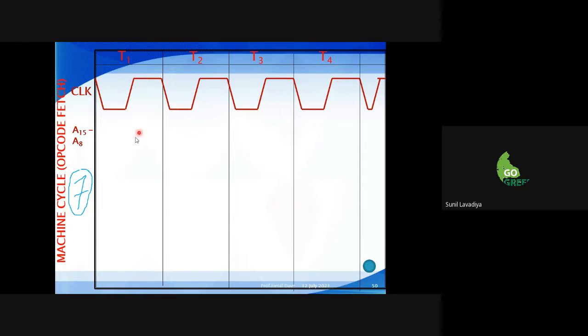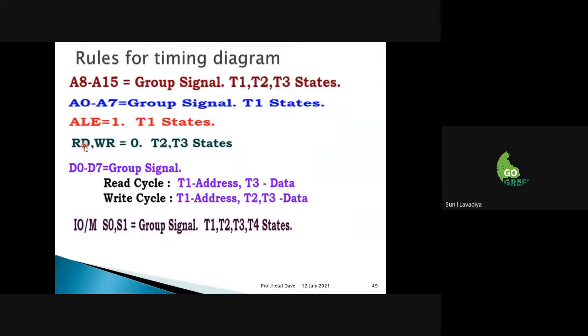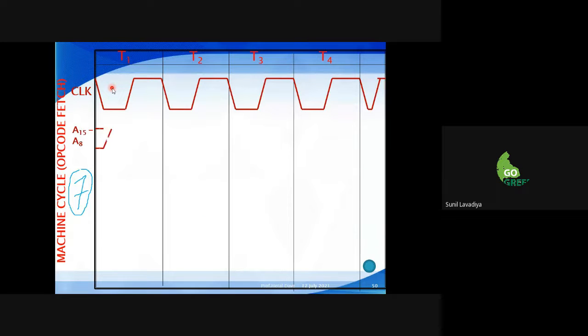Then you have to draw the line of A8 to A15, as I have discussed, after the clock. It's always like this, please remember: a crossing means ending, then after it reaches a full line. As you know, A8 to A15 are called the higher order memory address.